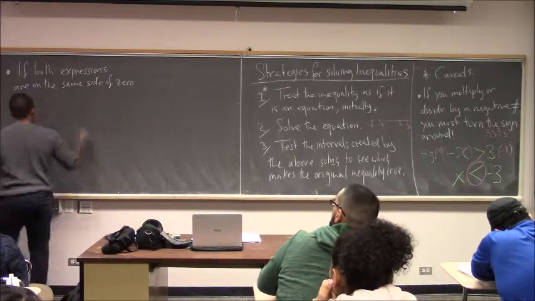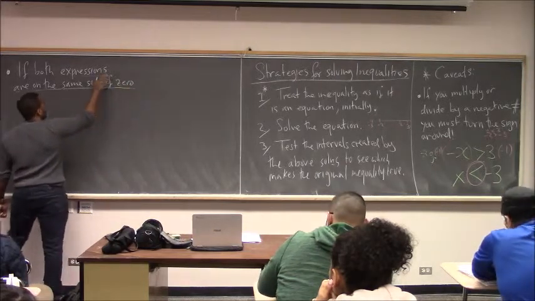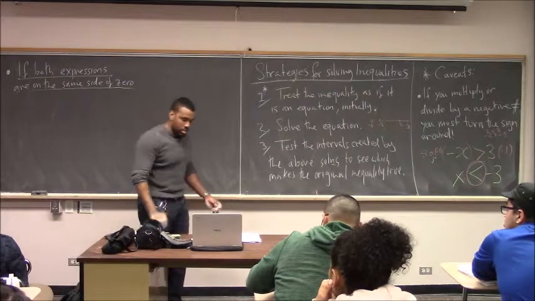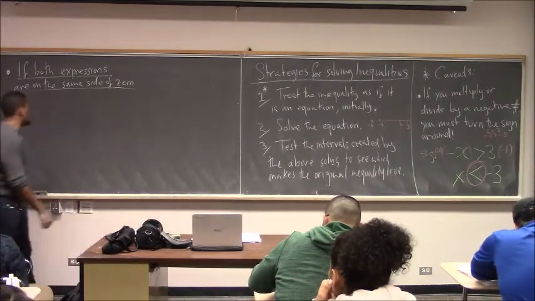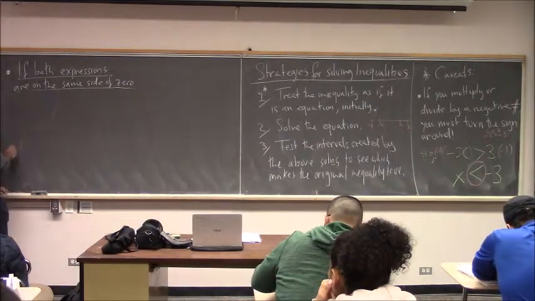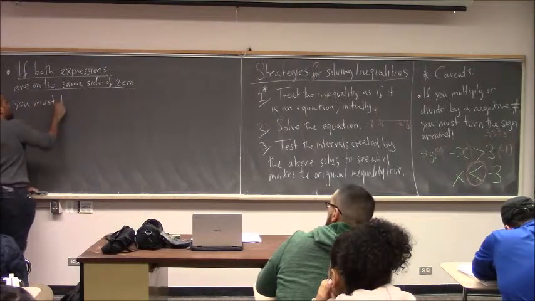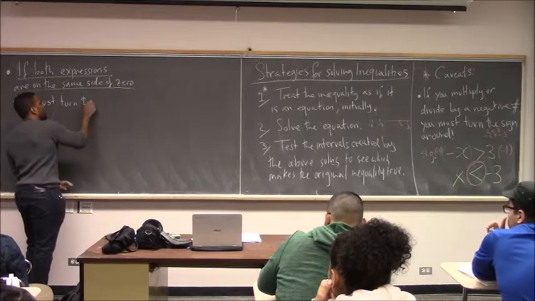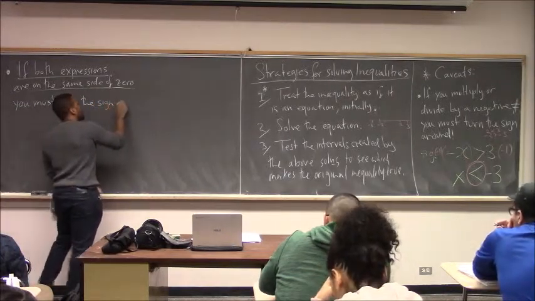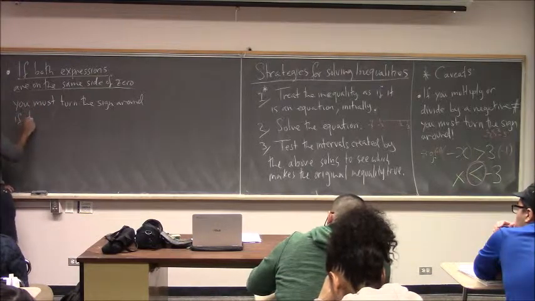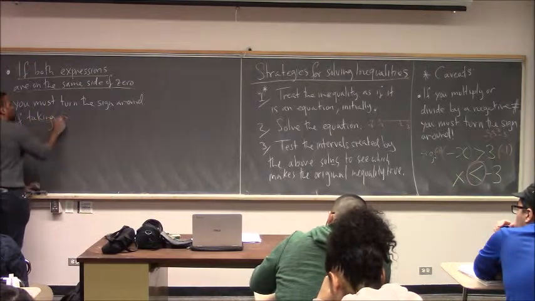This only really applies if both are on the same side of 0. If you know that both are on the same side of 0, this is the rule: you must turn the sign around if taking reciprocals.